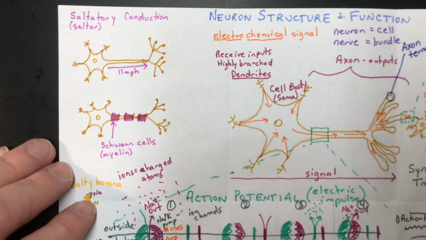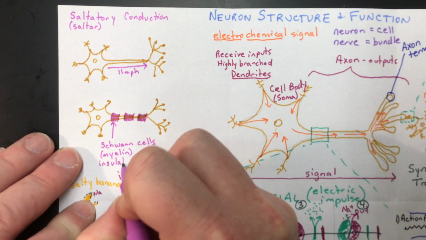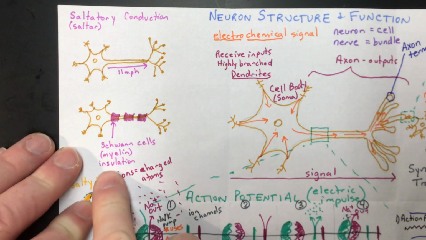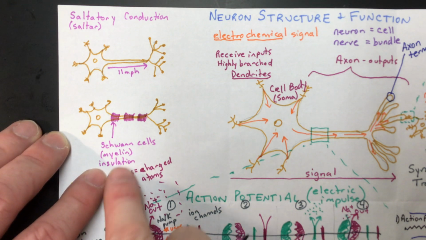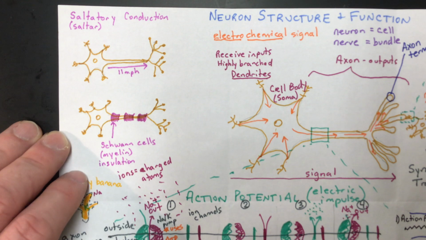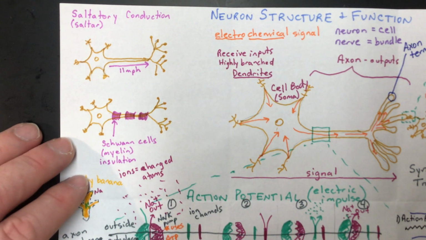And myelin acts like insulation. So just like you have insulation or like plastic or rubber on the outside of a wire, you can have myelin insulation that protects the electric signal on the axon.